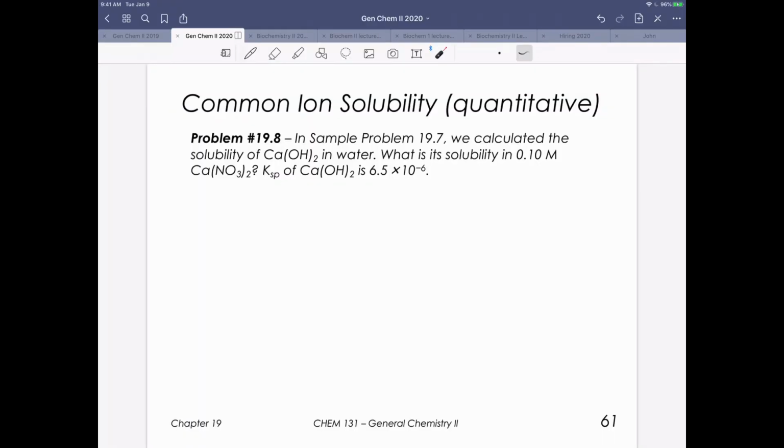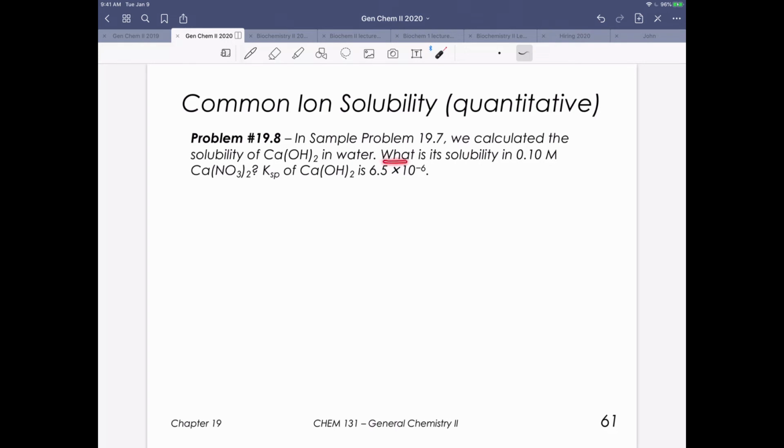So our next sample problem is going to actually build on a sample problem that we've done already. In sample problem 19.7, we calculated the solubility of calcium hydroxide in water. So basically asking, if there's nothing else in that water and calcium hydroxide is allowed to dissociate to whatever extent it's going to, what's the solubility going to be?